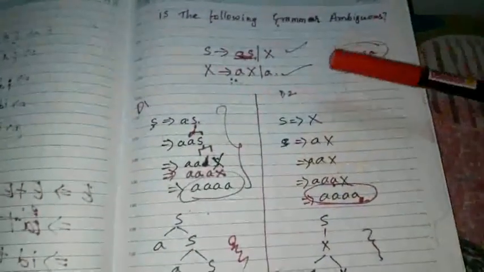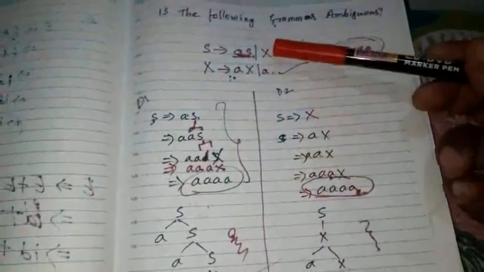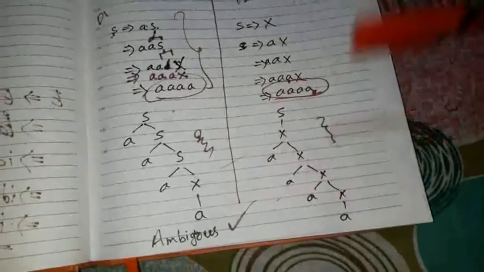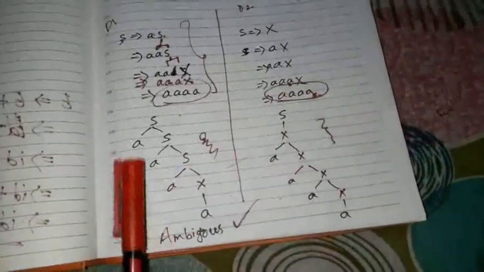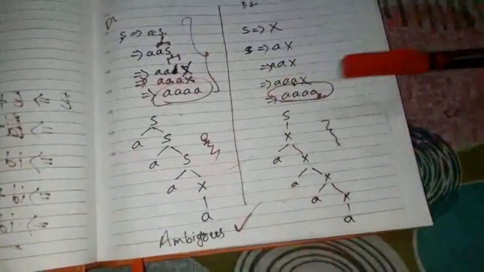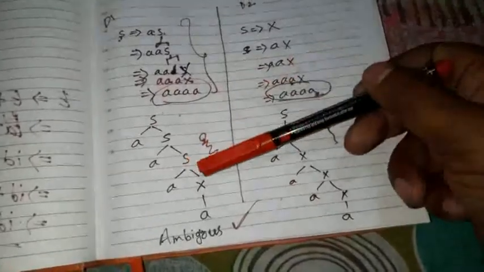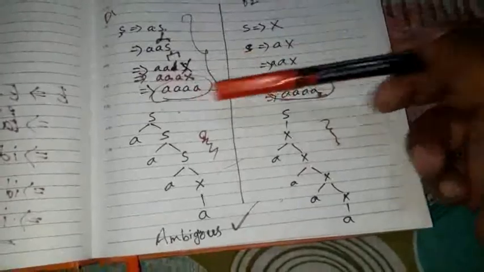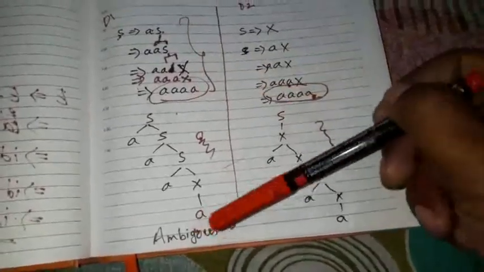Similarly, the second production, I am starting with X, using which also I can derive 4 A's, and the derivation tree obtained is this. You can clearly see this derivation tree is different from this one, or this parse tree is different from this parse tree, but the string obtained is same, hence we say it is ambiguous.